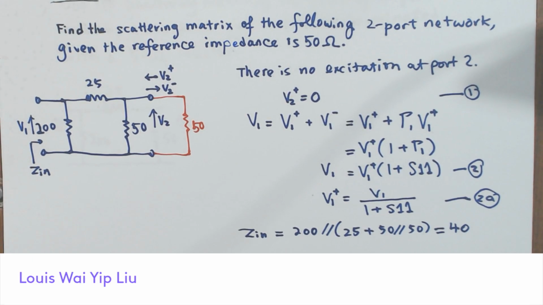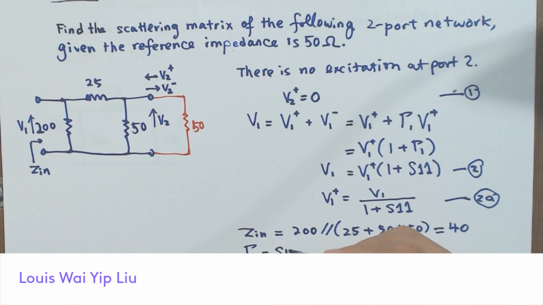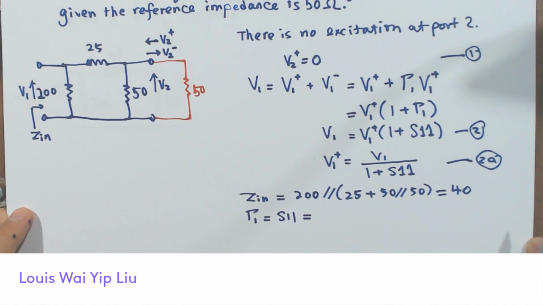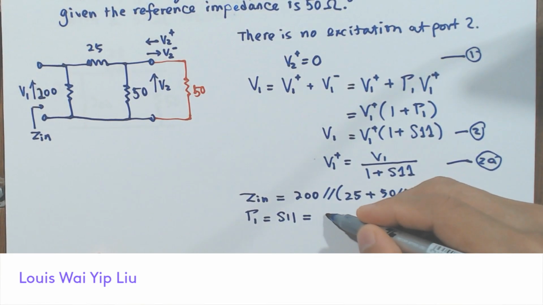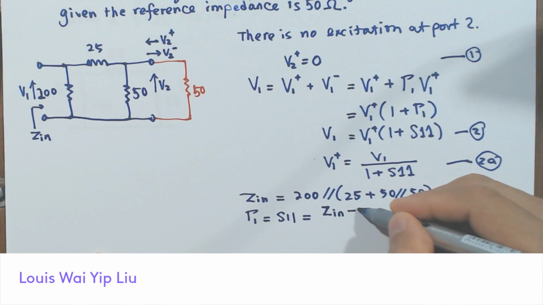And now, from here, we can find out the S11 parameter because gamma 1 is equal to S11. Sorry, I should make it clearer.